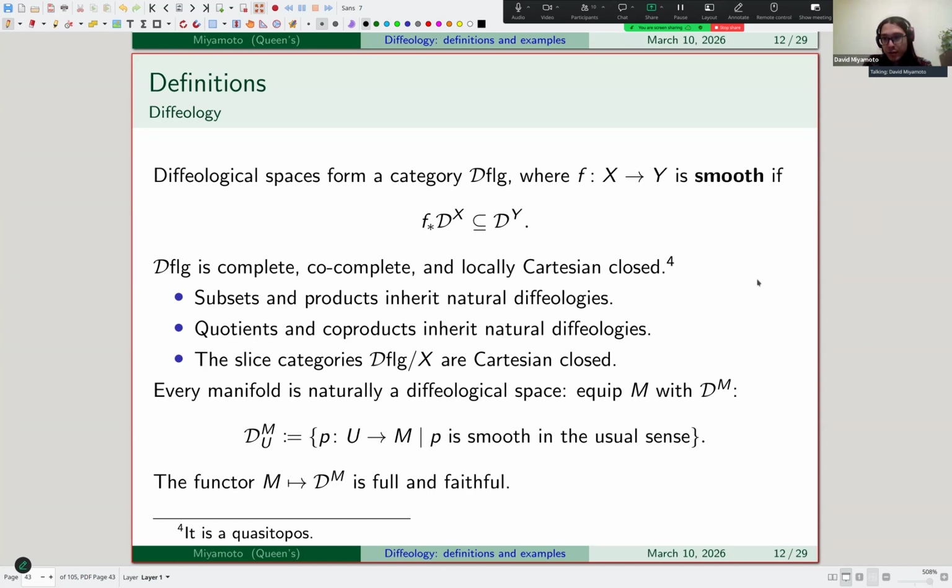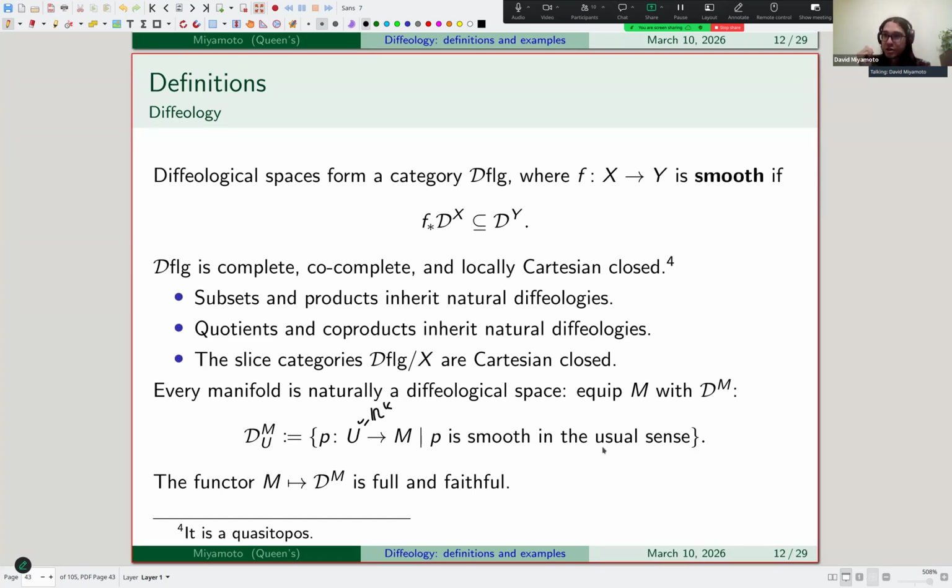As a first example, manifolds. Every manifold is a diffeological space. When we view M as a diffeological space, I have to tell you what the plots are on each open subset. For each U inside some R^K, the plots are those maps which are smooth in the usual sense. By usual sense, I mean use the definition of smoothness on the manifold to define this collection in the first place.